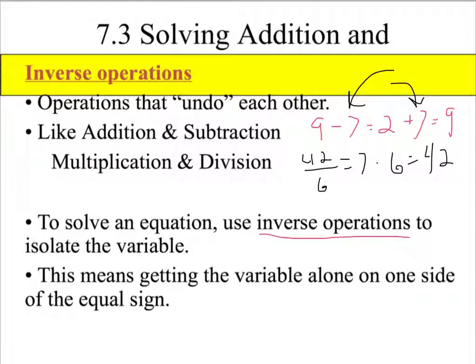Last one, isolating the variable means getting the variable alone on one side of the equal sign. The reason for us to solve and get that variable all by itself is we need to get rid of everything else in that equation, everything else except for that x on that side. All right, moving on.